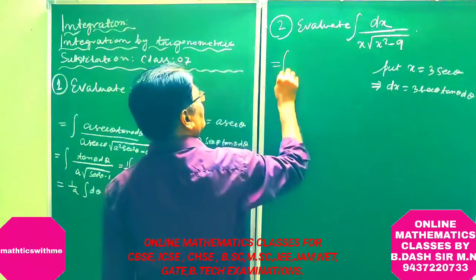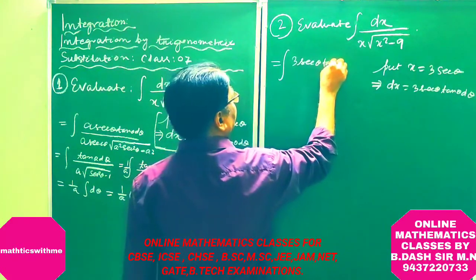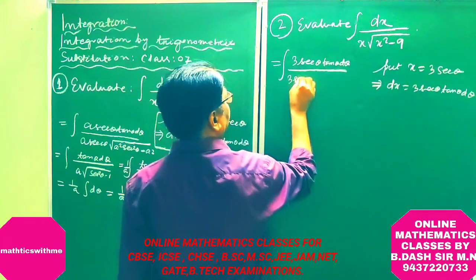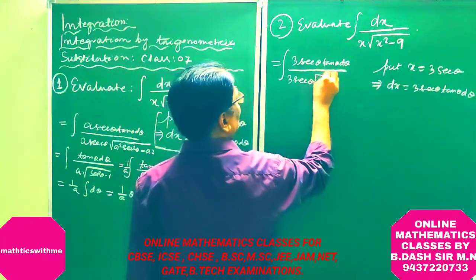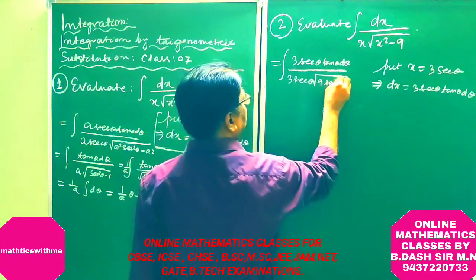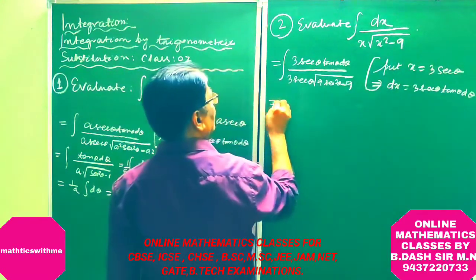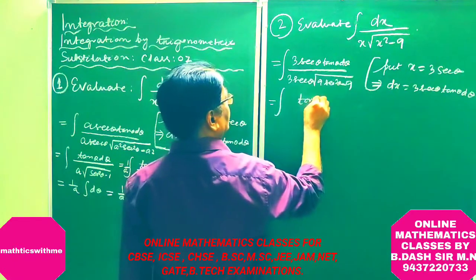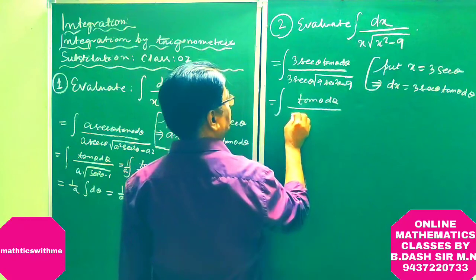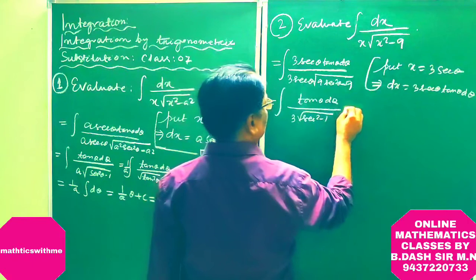So this is equal to 3 sec theta tan theta d theta divided by 3 sec theta root over of 9 sec square theta minus 9. This is equal to tan theta d theta divided by 3 root over sec square theta minus 1.